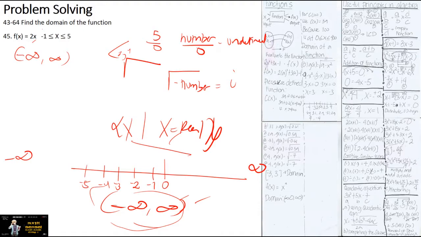Ito lang tuloy yung pwede mong i-substitute kasi binigyan ka dito eh. Ngayon, yung tinatawag na pag-use ng parenthesis at ng bracket. Pag may nakita kang equal sign dito, automatic bracket yan, hindi yan parenthesis, okay? So sagot natin ay negative 1 to 5 naka-bracket, kasi included siya dun sa domain mo.